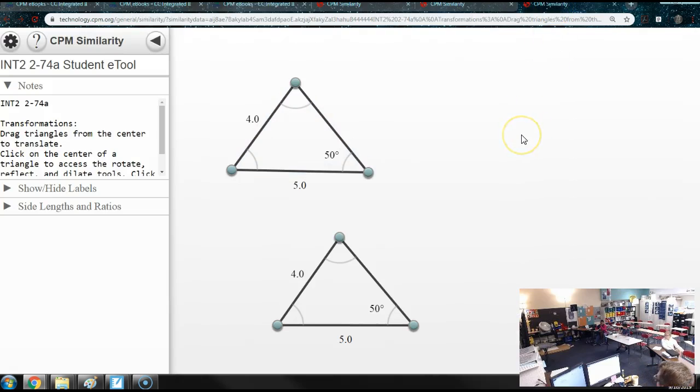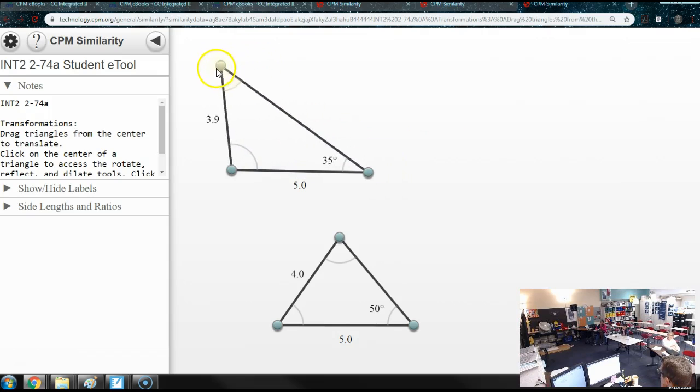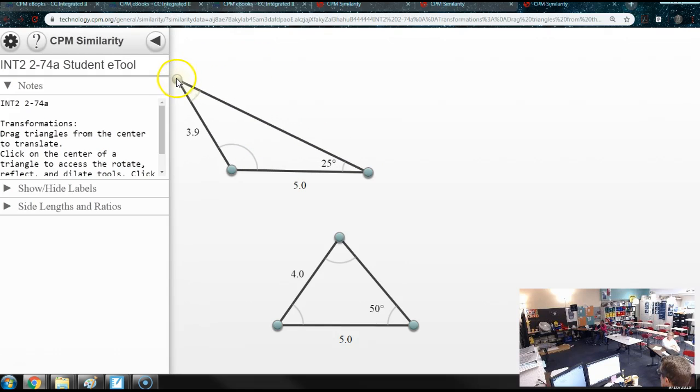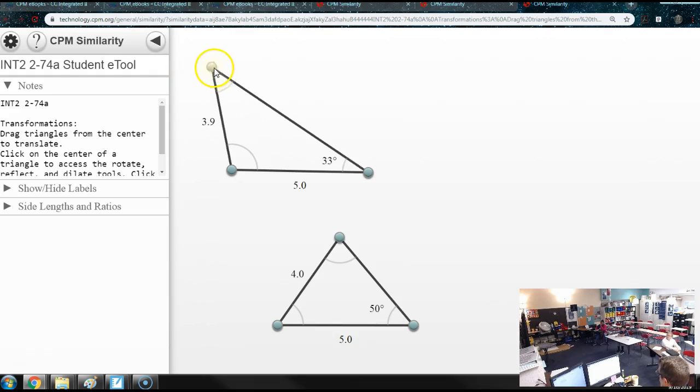What about this? If they have 2 sides and an angle, wouldn't it?